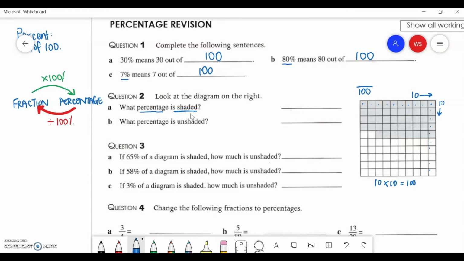Now, the question asks what percentage is shaded. Having a look at that, there are 1, 2, 3, 4 complete rows of 10. So that makes 4 times 10, 40, 41, 42, 43, 44, 45, 46, 47, 48. So that's 48 over 100. That is our fraction that is shaded.